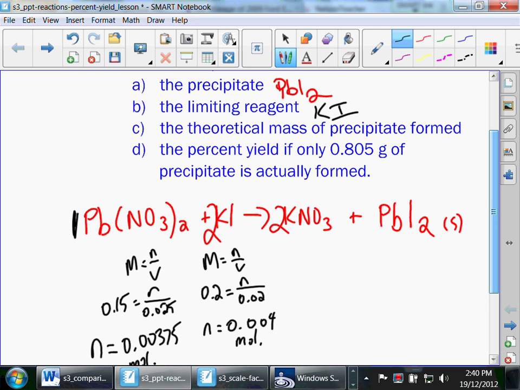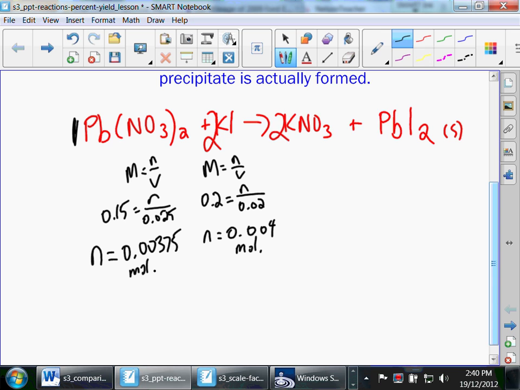So now we want to find the theoretical mass of precipitate formed. Now this takes us to our last unit, because I know that I'm going to be using this many moles of my limiting reagent to figure out all the rest. According to my molar ratios here, I have 1 mole of this, 2 moles of this, 2 moles of this, and 1 mole of this. I have 0.004 moles of potassium iodide.